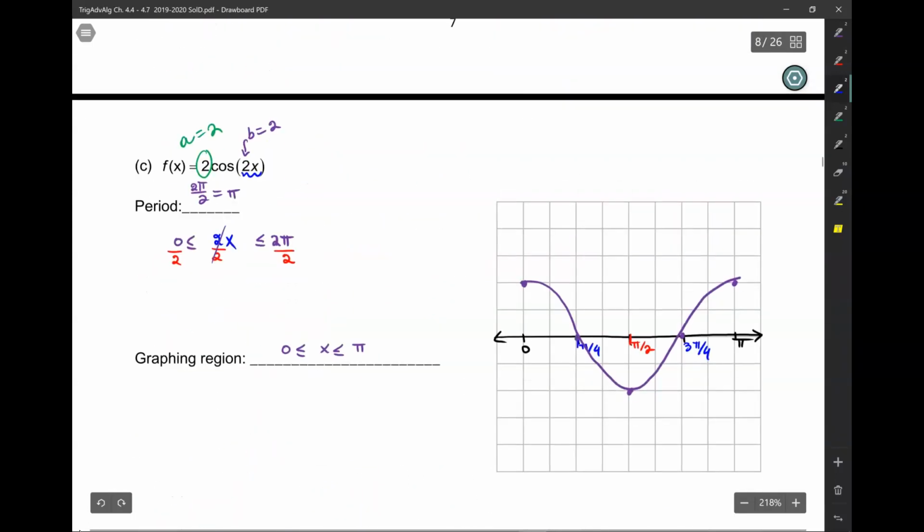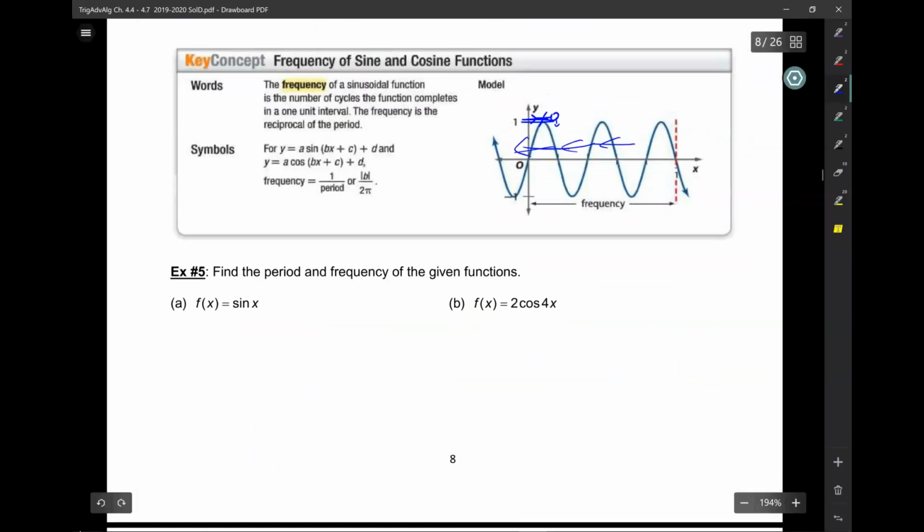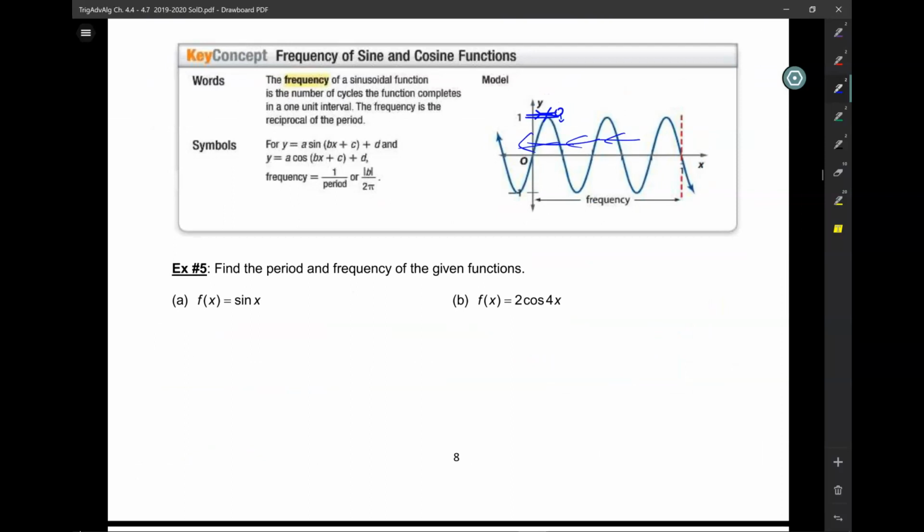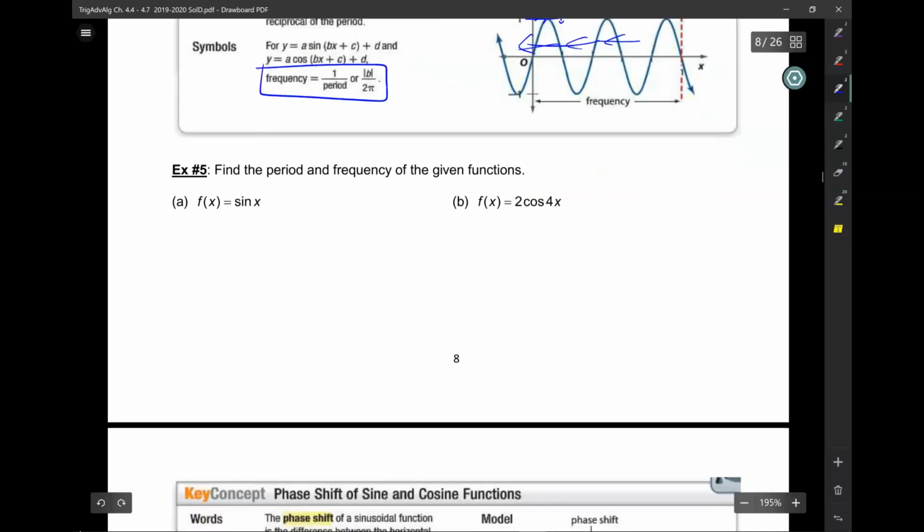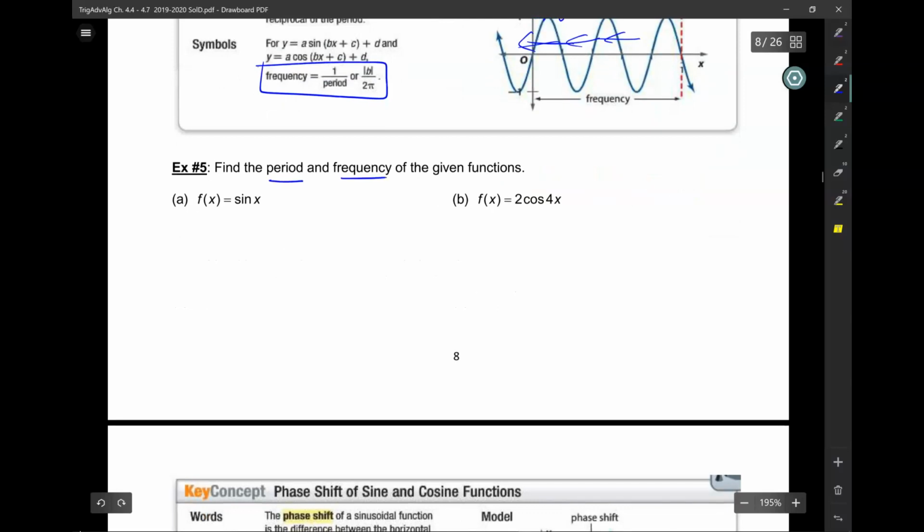Okay. All right. So frequency, wouldn't you know it, is 1 over the period. So it's b over 2 pi. It's the reciprocal of the period. So let's find period and frequency here. Okay, so for period, what's b for this function? 1.